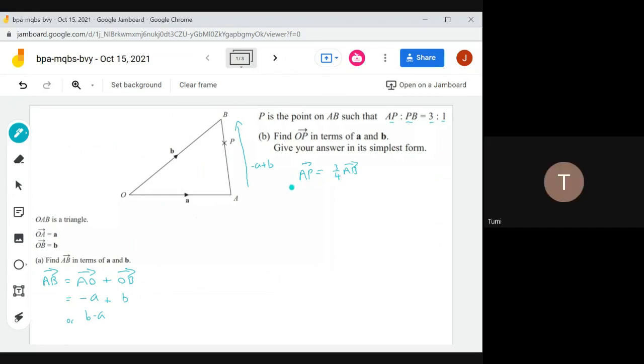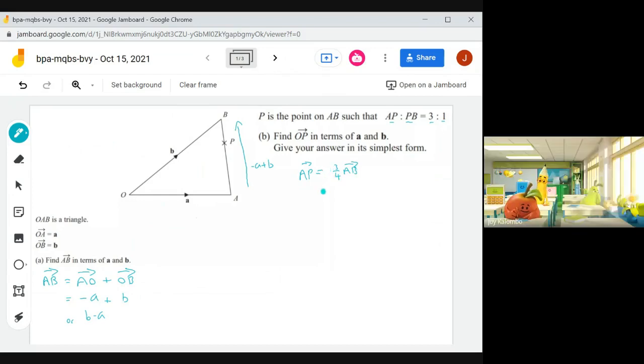Okay. So we know what A to B is because we just worked it out. So A to P, therefore, is going to be 3/4 of minus A plus B. Make sense? Yeah.